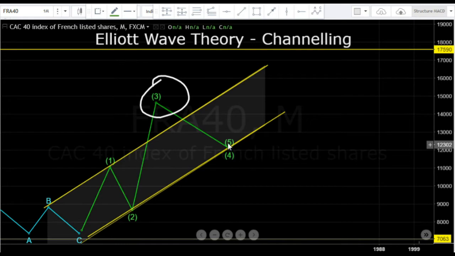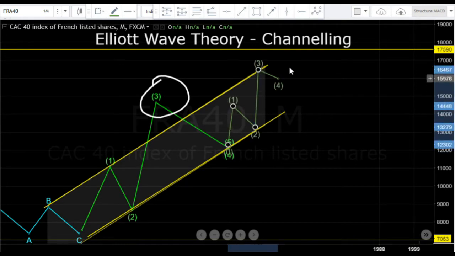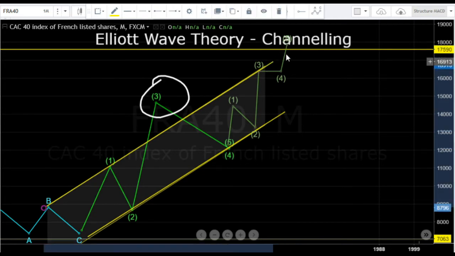So as 5 starts to come up, we may well find a situation like this, where wave 3 touches the top, or comes close to the top, and wave 4 kind of runs parallel to your trend, and then wave 5 peaks up above the top of your trend line.